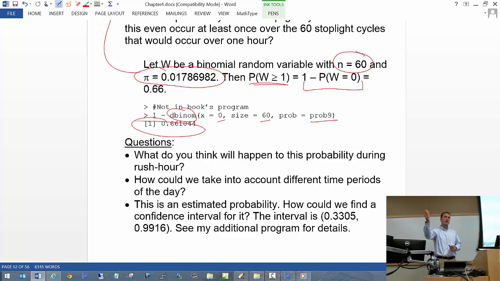So maybe they could push a button, let's say, and whenever there's an alarm that goes off and they have to leave, they push the button, and then that allows the traffic to flow more smoothly. I don't know if that actually happens, but you can see if it doesn't happen, that will be one potential, maybe cheaper way to solve the problem other than move the fire station.